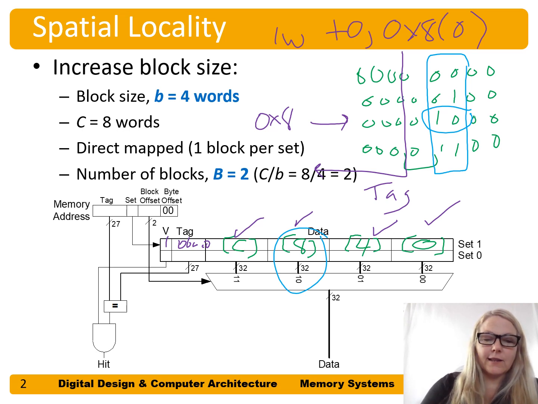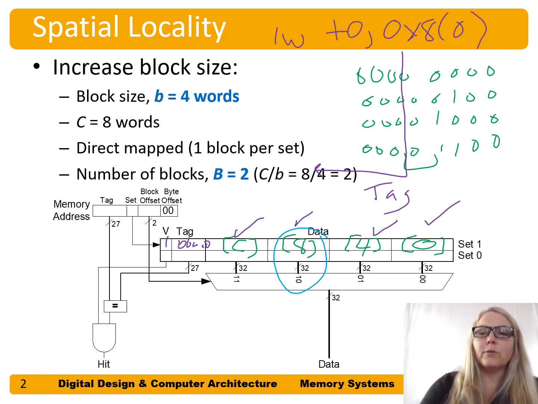If later the next access comes to, let's say, hex C, it's already in the cache. Now instead of accessing word 8 here, I would look at the block offset.